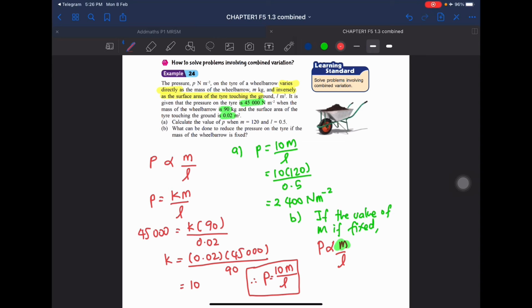If p increases, l will decrease, and if p decreases, l increases. So you can write it down.